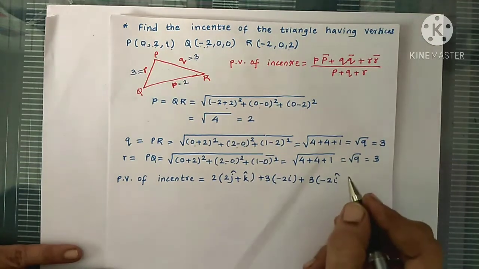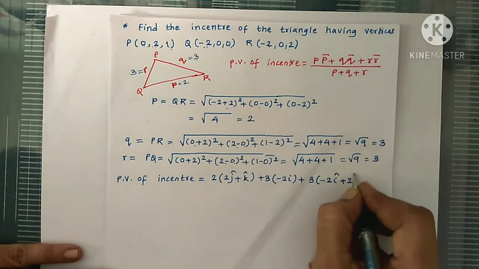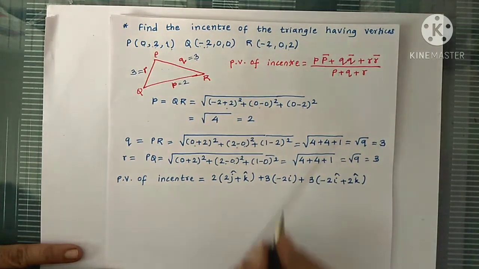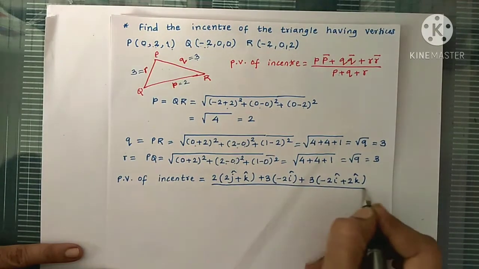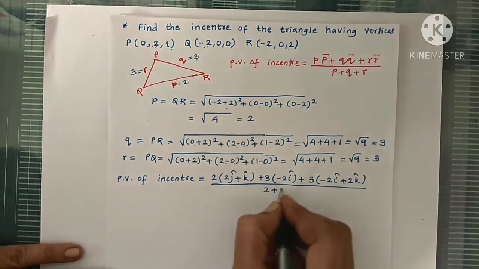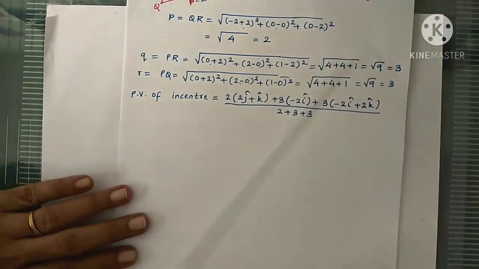As it is 0j cap, no need to write that. And the last one is 2k cap, divided by p plus q plus r, that is 2 plus 3 plus 3. Now let's simplify this.